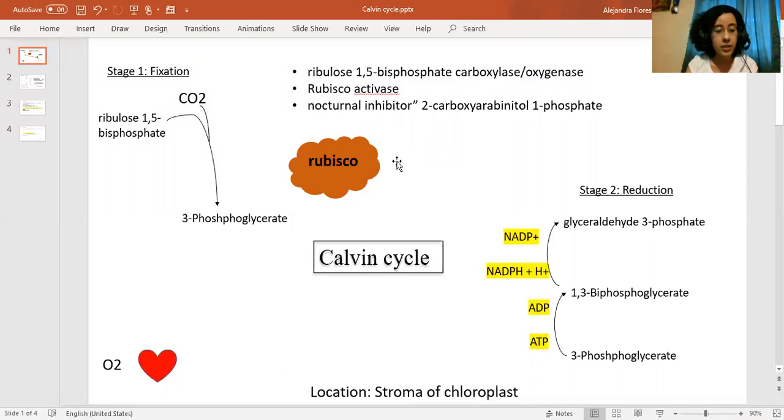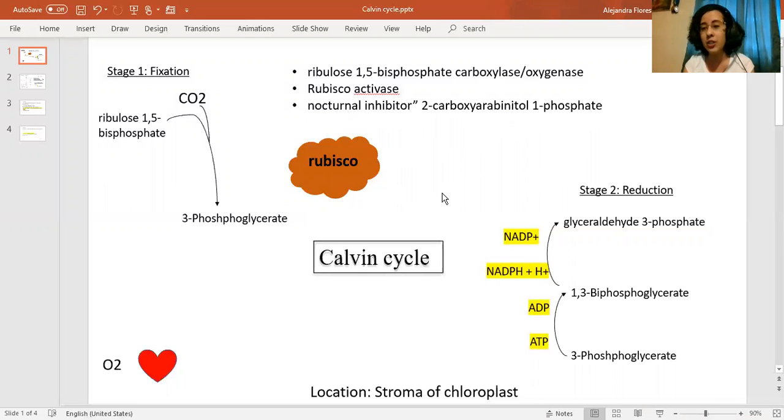So this activation is catalyzed by another enzyme called Rubisco activase. It's also inhibited by a natural transition state analog. That inhibitor will be 2-carboxyvinyl 1-phosphate. Okay, this is for stage 1.